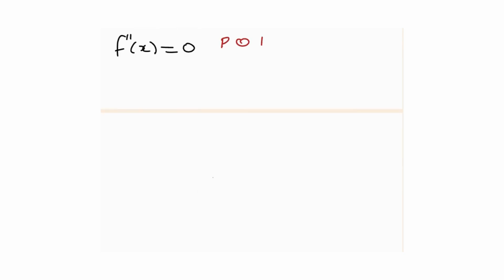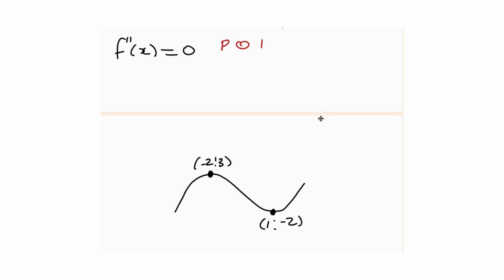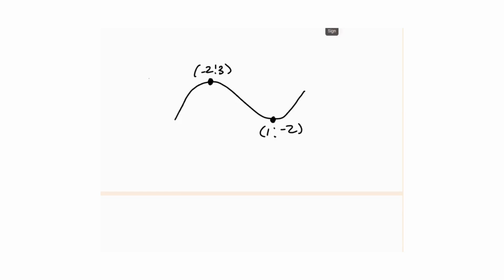So let me just make an example. Say we have a cubic graph that has a turning point at, for example, -2 and 3, and another turning point at 1 and -2. I'm not going to put in the point of inflection now. They say find the values of x for which f prime x is greater than 0.